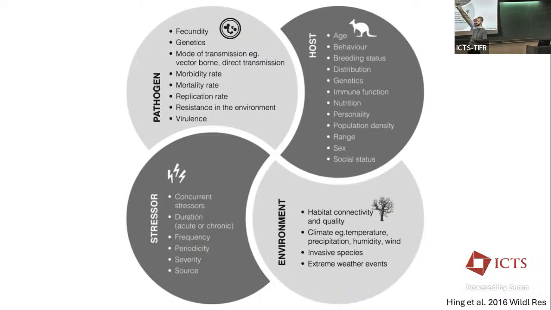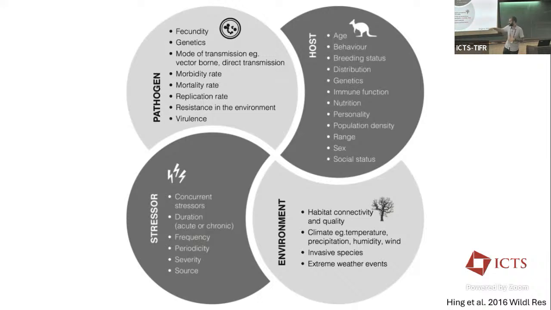Certain biological features of the pathogen may be really important, including its virulence, like I said, the mode of transmission, the host. There's lots of other host factors that can determine how stress may play out in this environment.